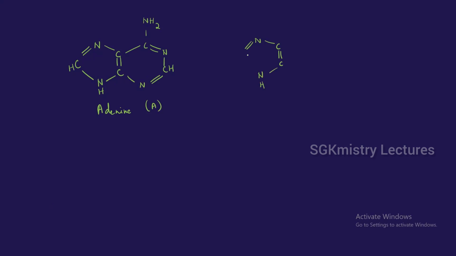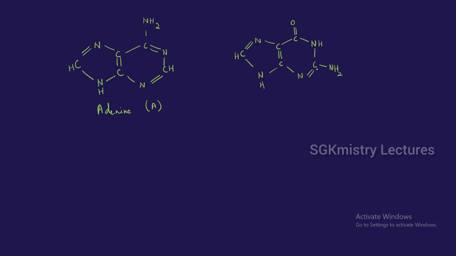So NH here, it's the same thing, only a slight change. Instead of NH2, we have a C double bond O group here. Since there is C double bond O, this double bond becomes a single bond here. So this becomes NH. And we have C. There is one NH2 group attached here. The other things remain the same.